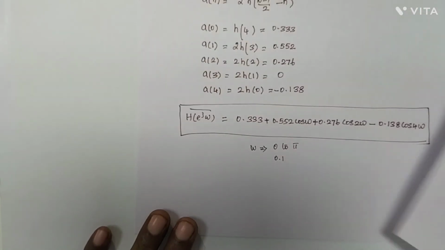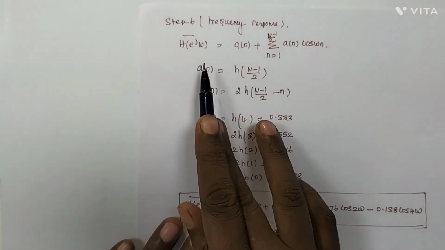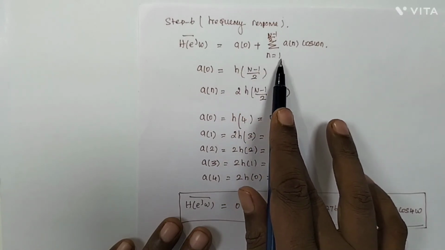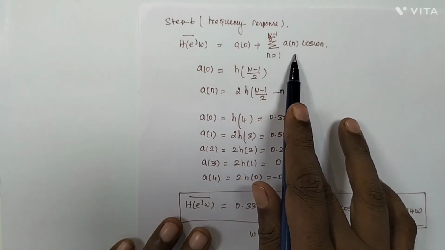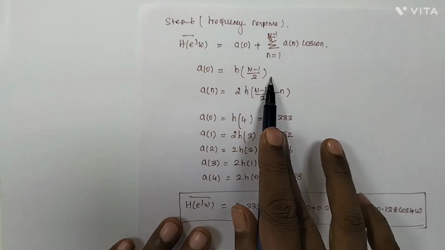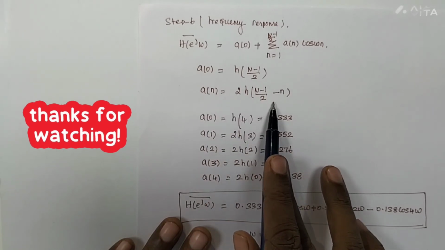Next, the last step is you have to find the frequency response. The frequency response is h of e power j omega equal to a of 0 plus summation n is equal to 1 to n minus 1 by 2 of a of n into cos omega n. A of 0 is equal to h of n minus 1 by 2 and a of n is equal to 2 into h of n minus 1 by 2 minus n.